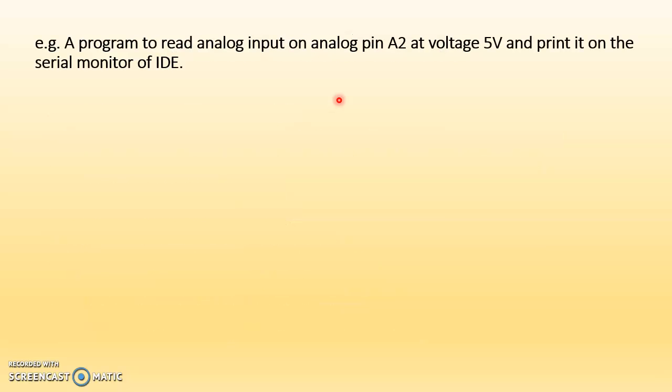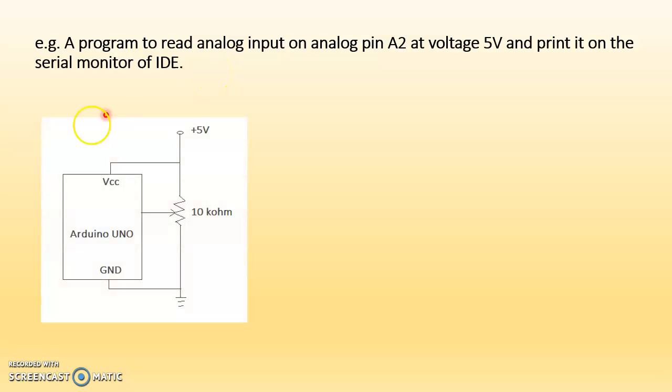Now let us see an example to write a program to read analog input on pin A2 at voltage 5 volt and print it on the serial monitor of the IDE. So this is the Arduino. For example, a 10 kilo ohm resistor is connected at the analog pin.